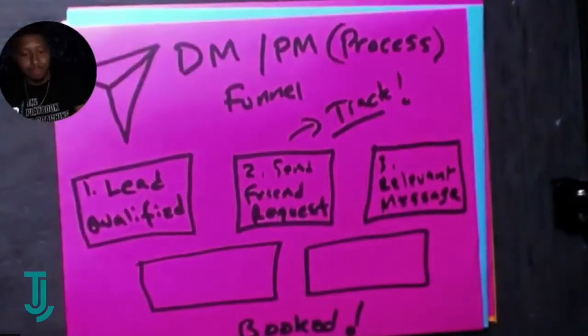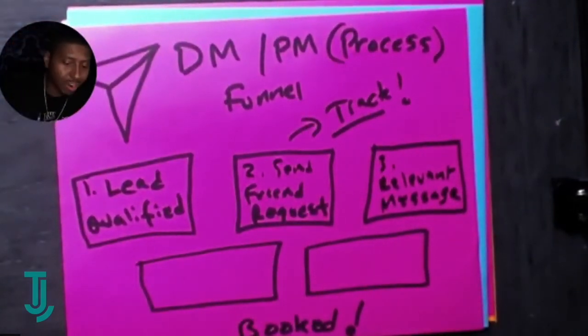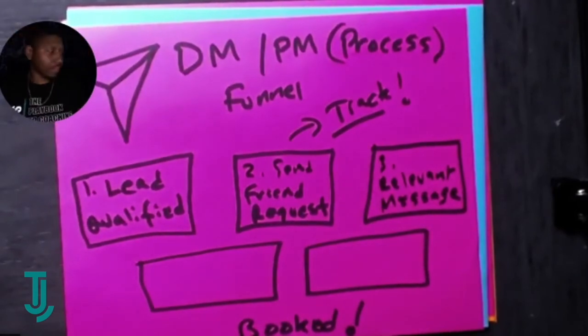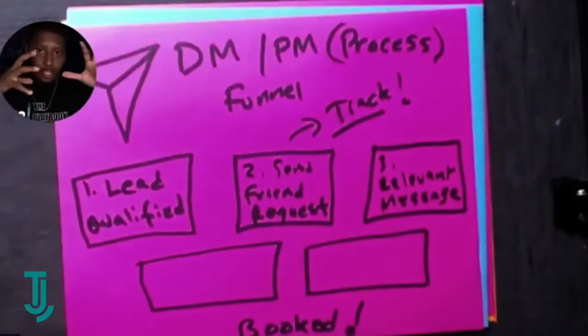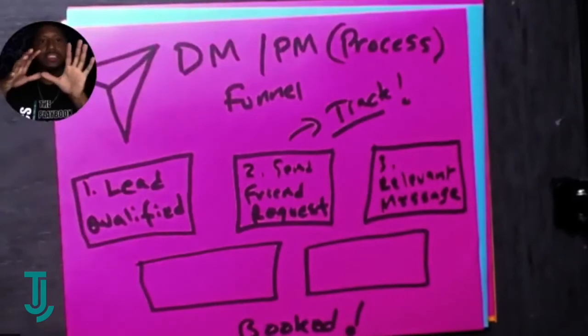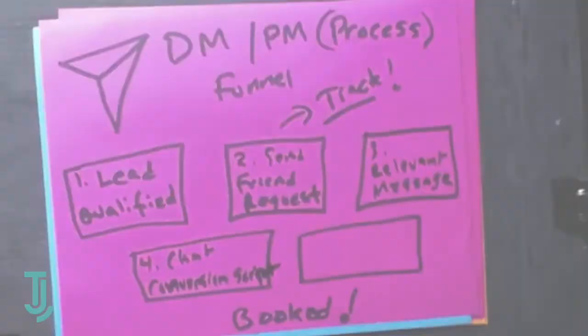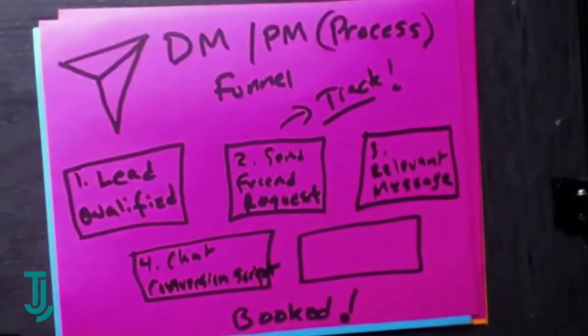Coach, what do you mean relevant message? Relevant in terms of however they engage with you is how you want to start the message. Use the chat conversion script. We're getting ready to go through what the chat conversion script is right now. But use the chat conversion script once you send that initial message.